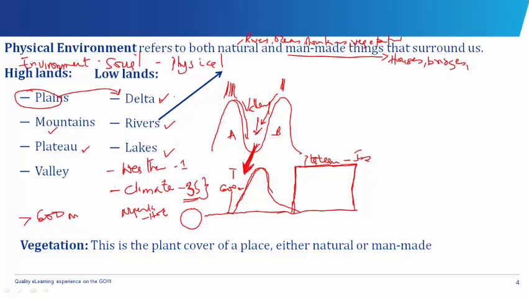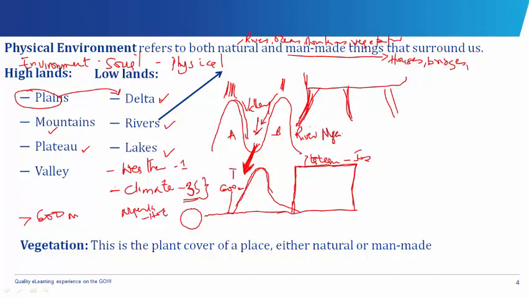So we have deltas around there. Then rivers are smaller bodies of water. They always come from a very large body of water, and this flows down this way. This flows gradually this way. So they form rivers.